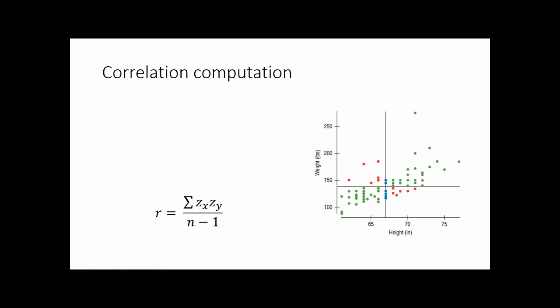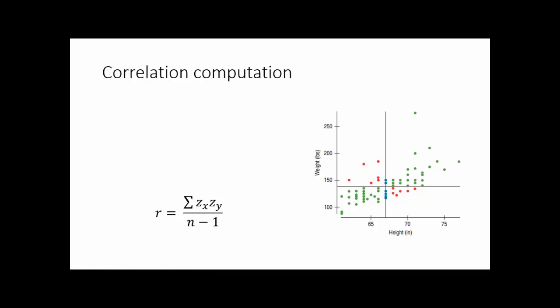All right. So now we have these 4 quadrants, and we can talk about the 4 kinds of points there. These points here are people who are above average in weight and above average in height. They're above average in weight because they're over that 150 limit, and above average in height because they're over that 66-inch average. So they're both above average.